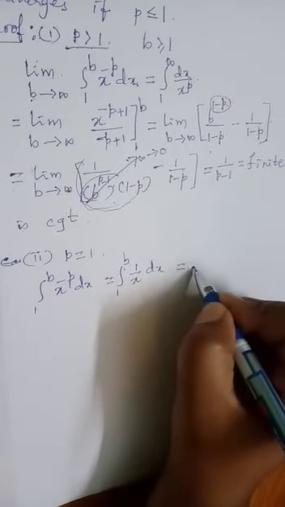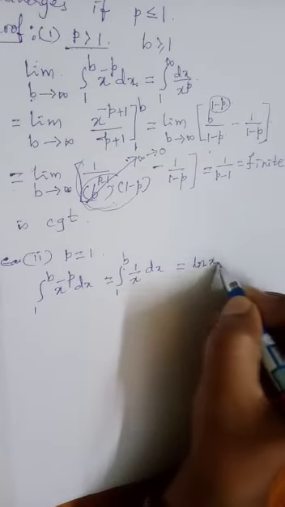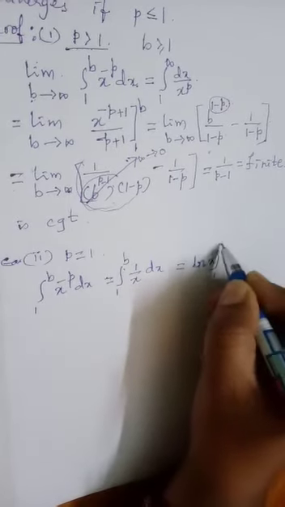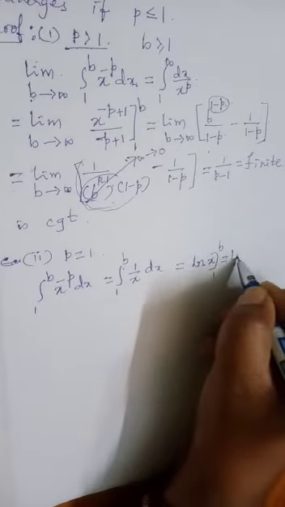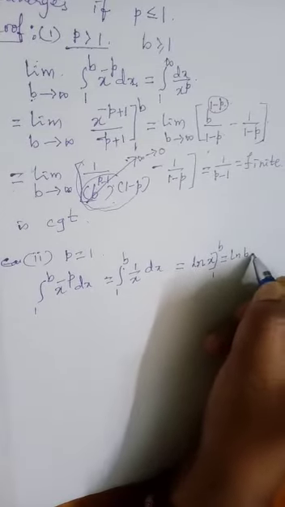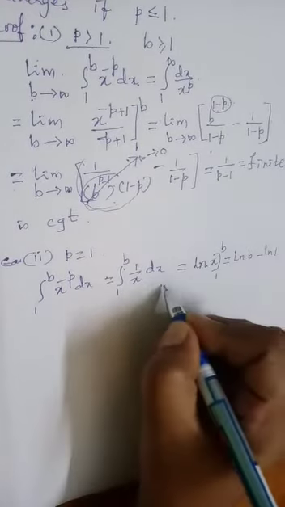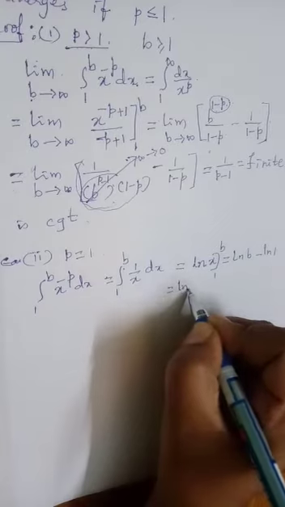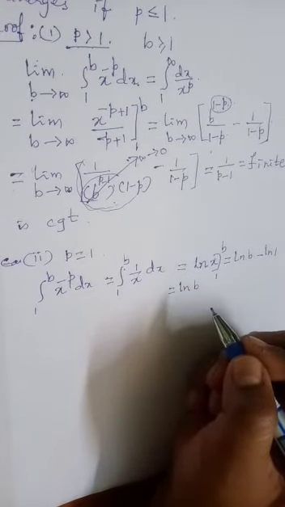After integrating, we get ln of x, limits from 1 to b. It is nothing but ln b minus ln 1, which equals ln b, because ln 1 becomes 0.